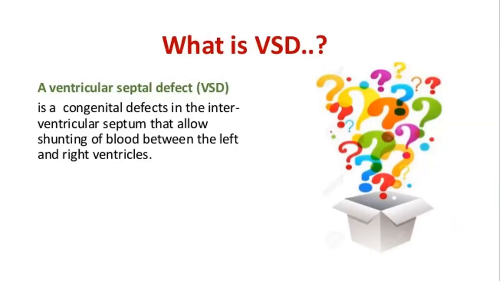And then we come to the ventricular septal defects. It is a congenital defect in the interventricular septum that allows shunting of the blood between the left and right ventricle.